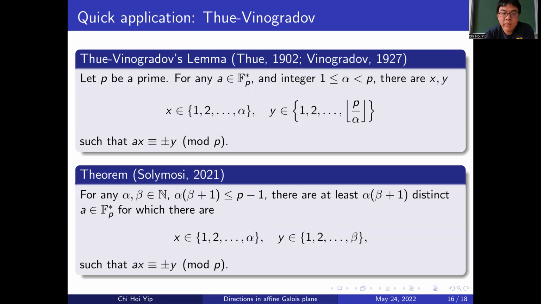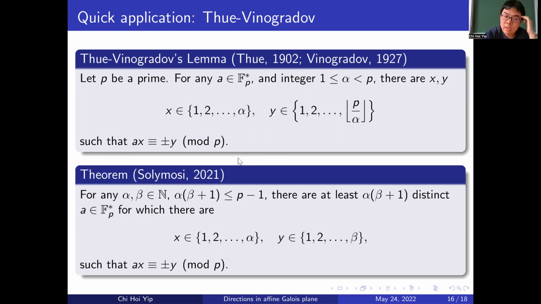Finally, I would like to give a quick application of this result. The result is a generalization of the Thue–Vinogradov lemma. It says that if A is a non-zero element in F_p, then for any alpha, we can always find some x which is at most alpha, and some y which is at most p over alpha, such that this equation holds.